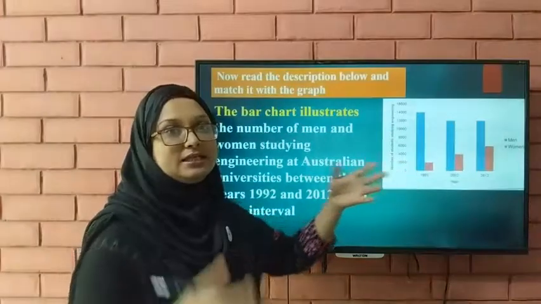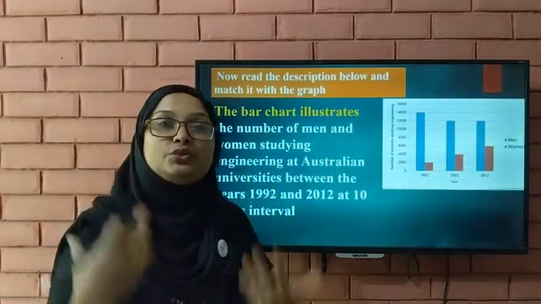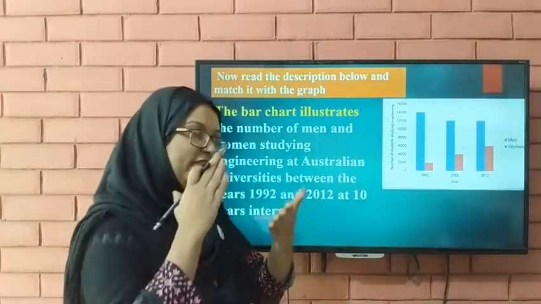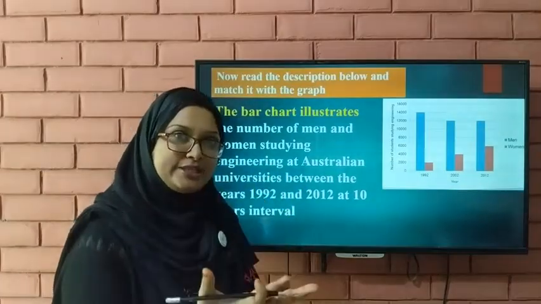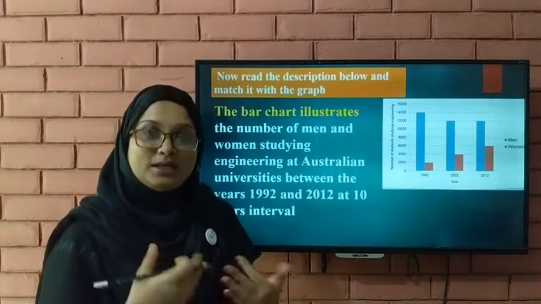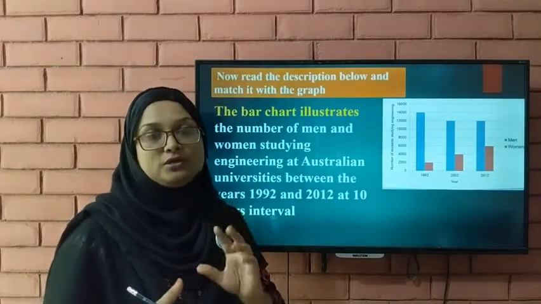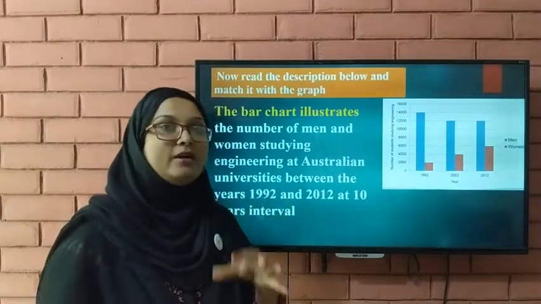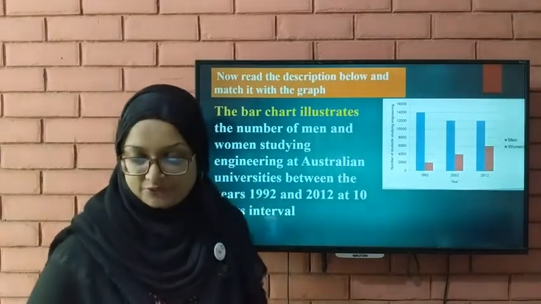This is just the introduction. Hope you got how you will write. Very first you will say what the graph describes, and also you will mention the name of the graph, what type of graph. This should be very specific.